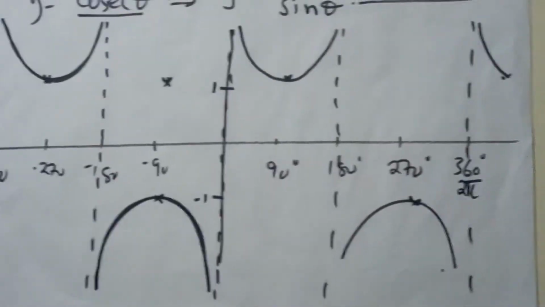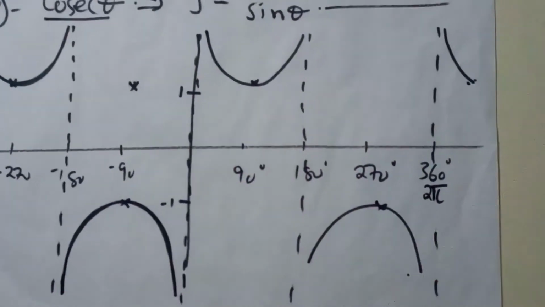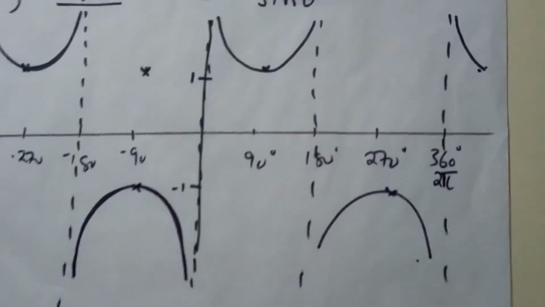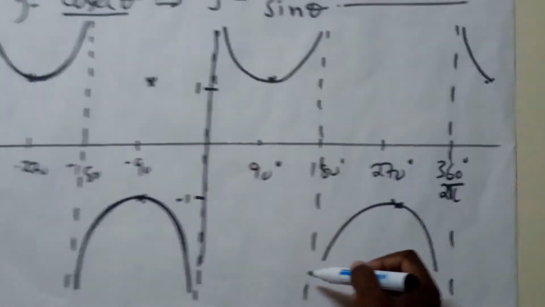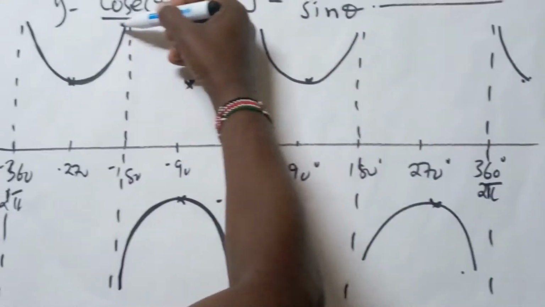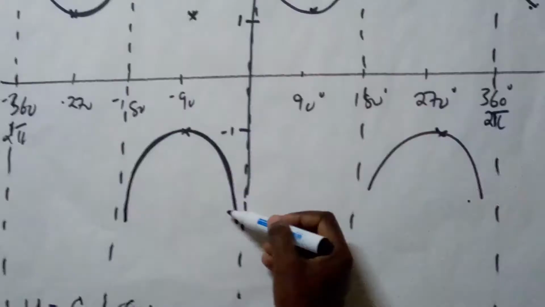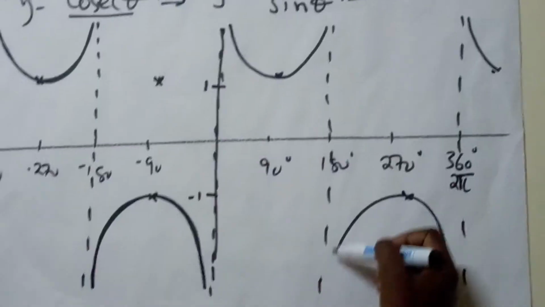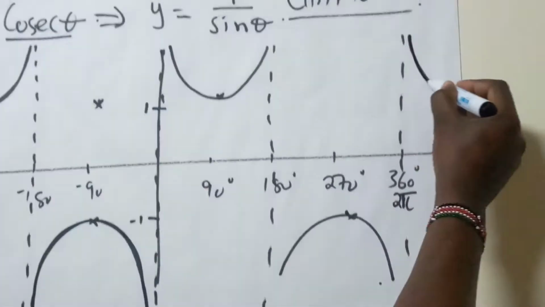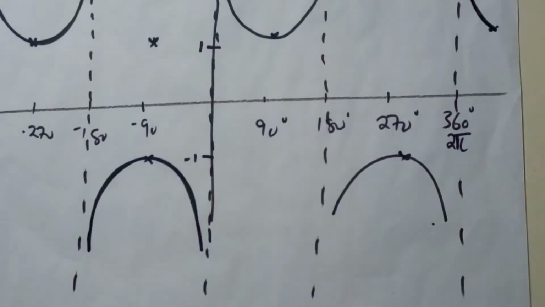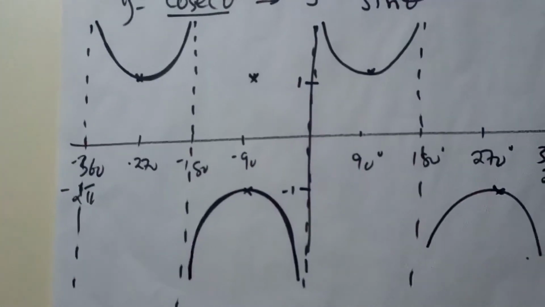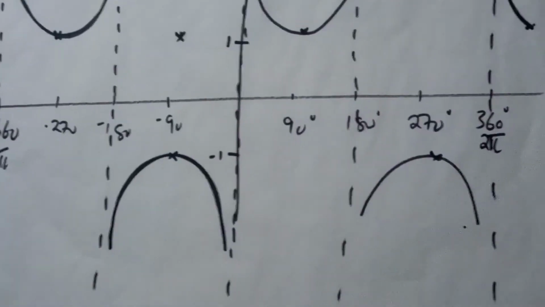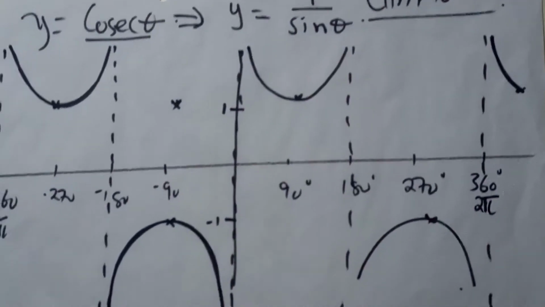When we go to the right, again, sine 1 degree is a very small positive number, so you expect this kind of curve. Alternating between the lower side, the upper side, the lower side, and the upper side, we have that kind of graph that explains the curve of y equals cosec theta.